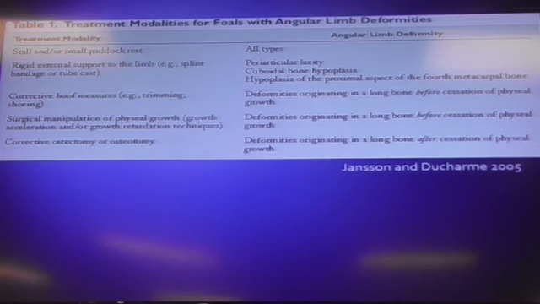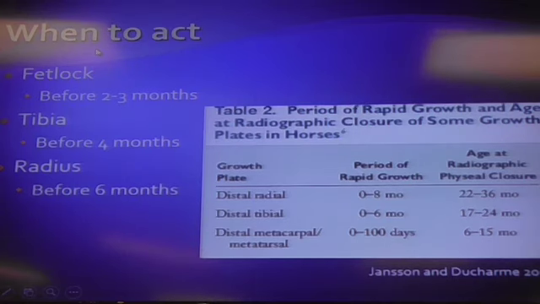Okay, so just another little chart that can be useful for studying, with treatment techniques for different types. Remember that saying about the fetlock? With the fetlock, you have to get to these guys really quickly. The fetlock growth plates will stop rapid growth.